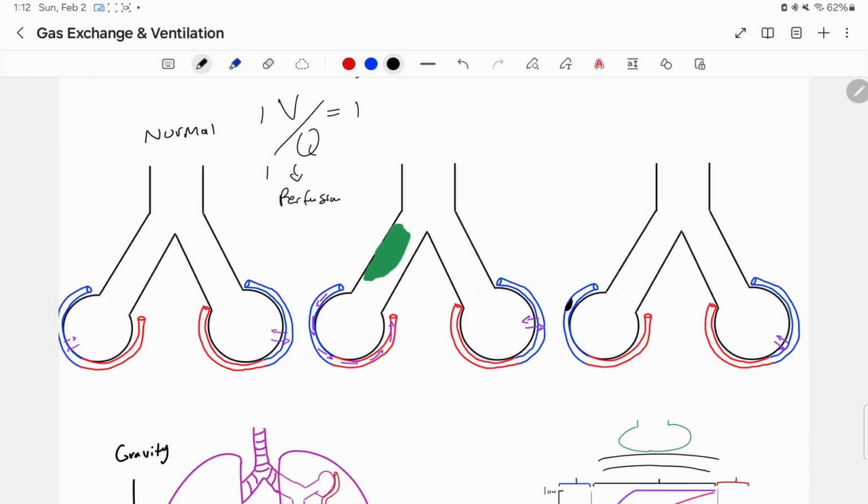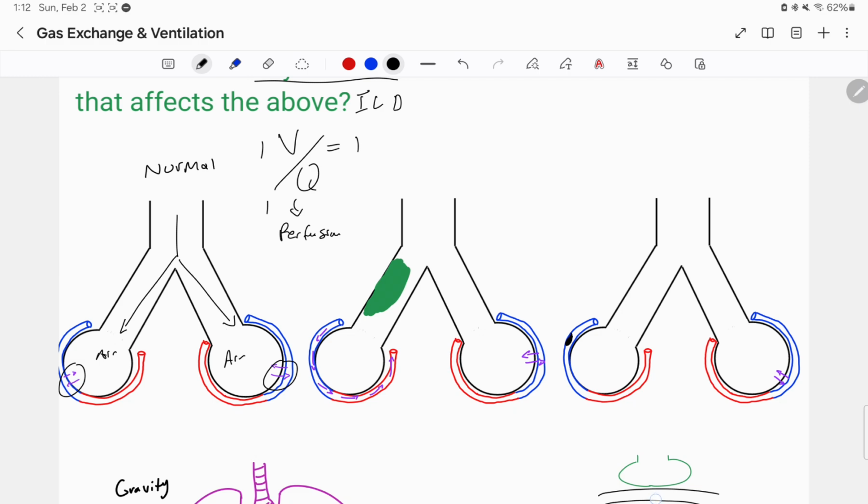Here's a normal scenario. In a normal scenario, I have this guy, and I have air coming in. Cool. And that air that came in will participate in that gas exchange right here. Okay, again, some air here. It'll participate in the gas exchange, and everybody's happy. Okay? Awesome.